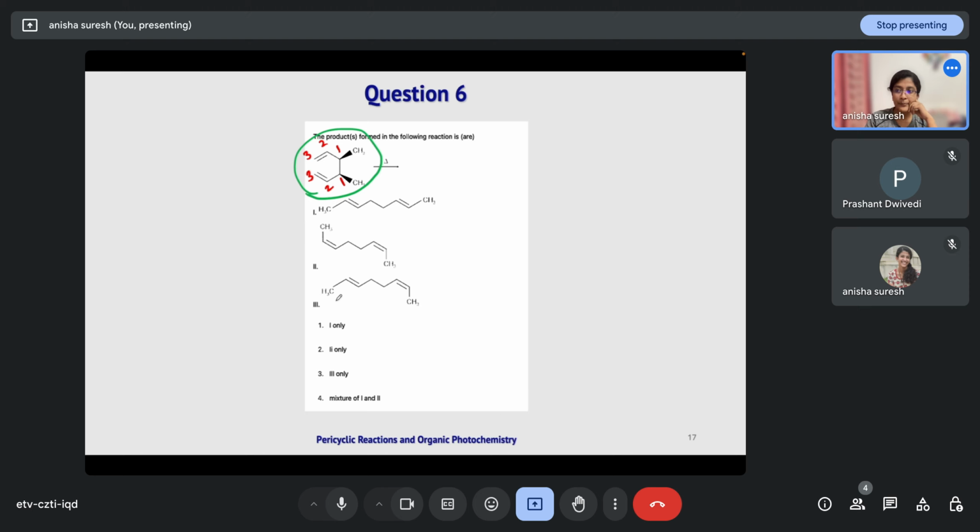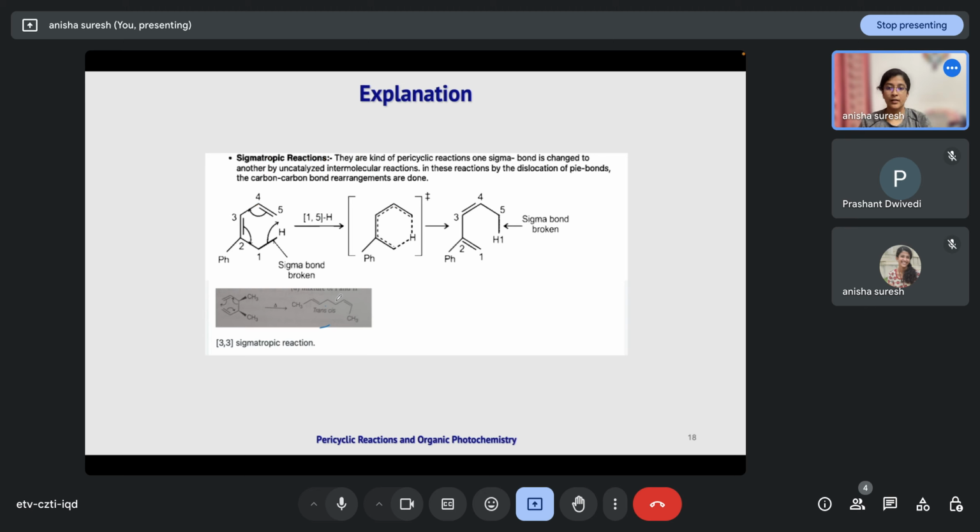Any answers? Okay, we will see. So for this, we have to draw the chair conformation for better understanding.